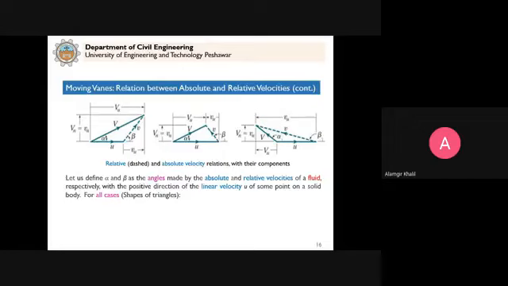Before we discuss that, let us define that alpha and beta are the angles made by the absolute and relative velocity of a fluid, respectively, with the positive direction of the linear velocity u of some point on the solid body.